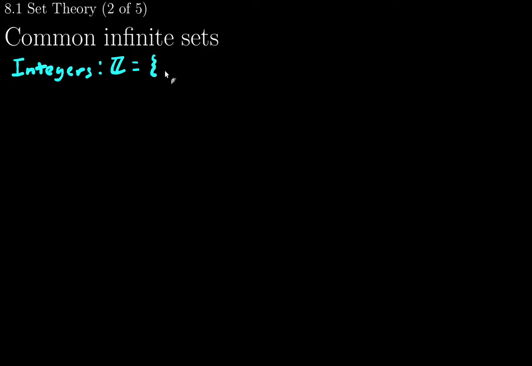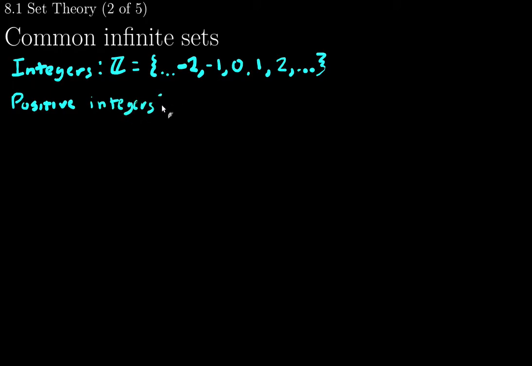So I could also notate this with an ellipsis, getting the negative side, going through 0 to the positive side. We'll also consider the positive integers, which is this Z with a little plus above it.